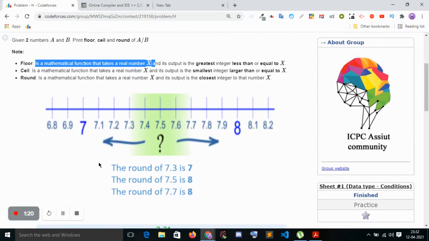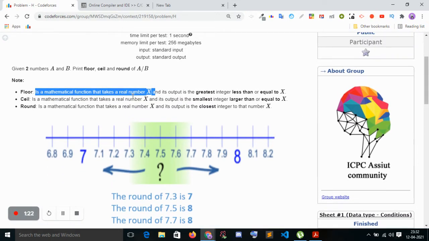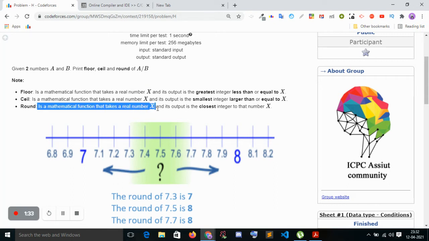Ceil takes a real number x and outputs the smallest integer larger than or equal to x. Round takes a real number x and outputs the closest integer to x.